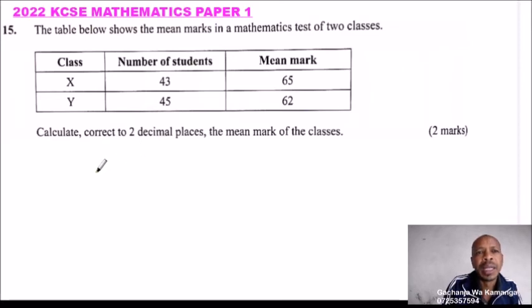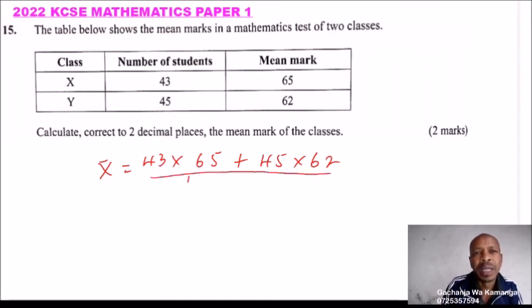So we say the mean, which we denote by x, is equal to the total marks scored in X, 43 multiplied by 65, plus the total marks scored in class Y, 45 multiplied by 62. That gives us the total marks scored in both classes. Then we divide by the total number of students, which is 43 plus 45.